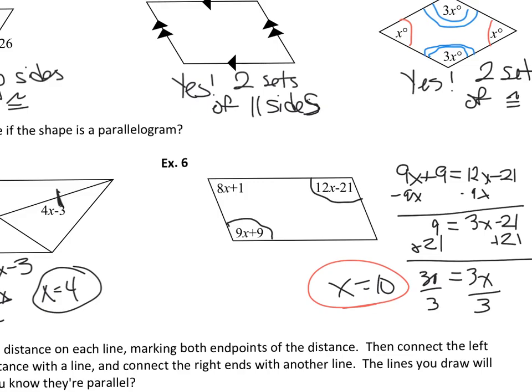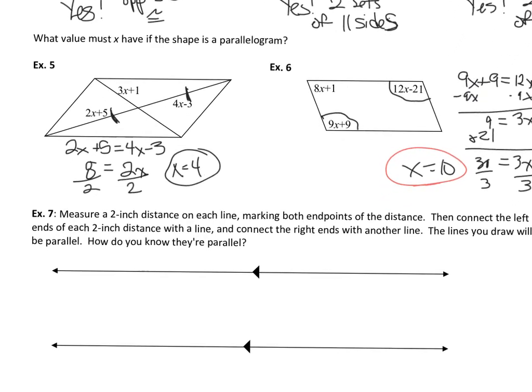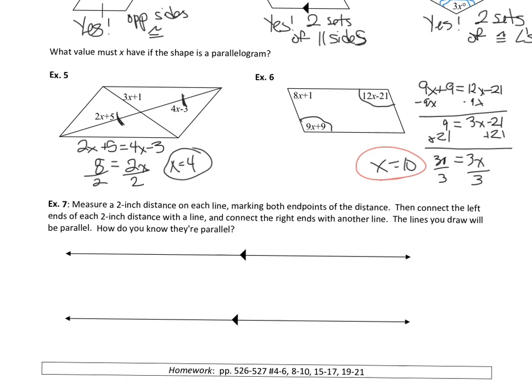Okay. So again, you have a couple different options when you're solving that one. Now, example 7 says measure a 2-inch distance on each line. I'm just going to approximate this because I don't actually have a ruler with me. But I'm going to say that this point here to this point here is 2 inches.